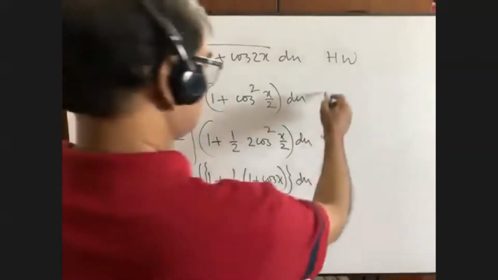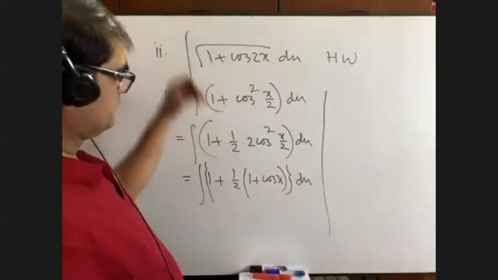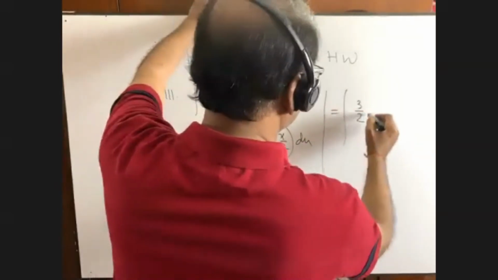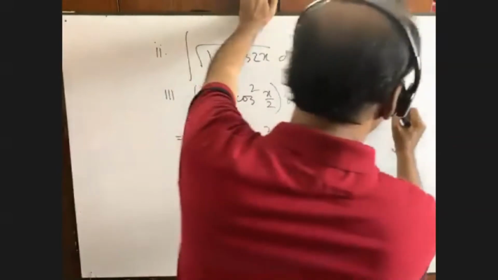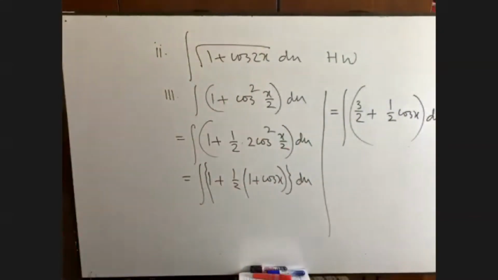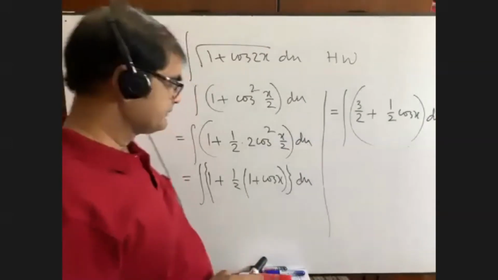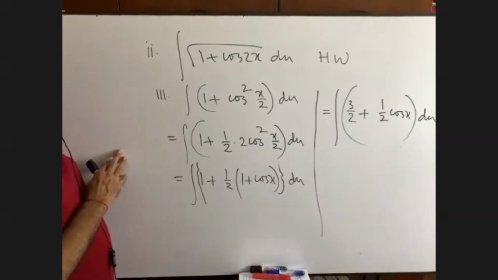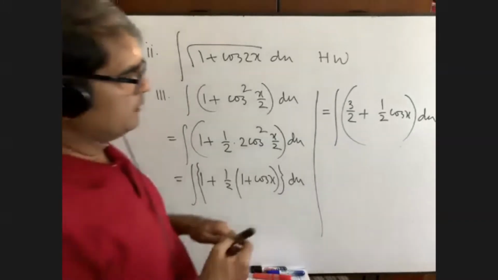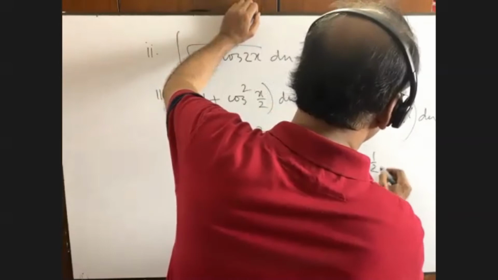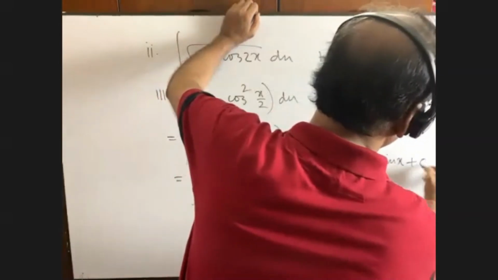It is equal to 1 plus half, that is 3 by 2, 3 by 2 plus half cos x dx. Now you can get 3 by 2x plus half sin x plus c, and the math is done.